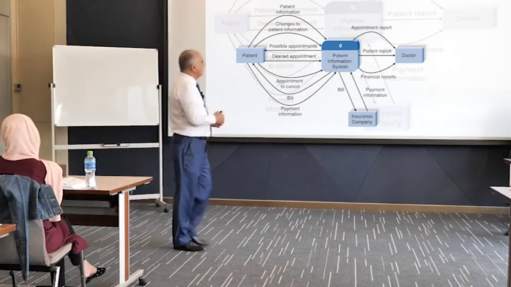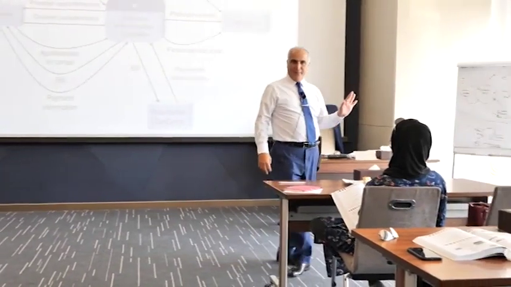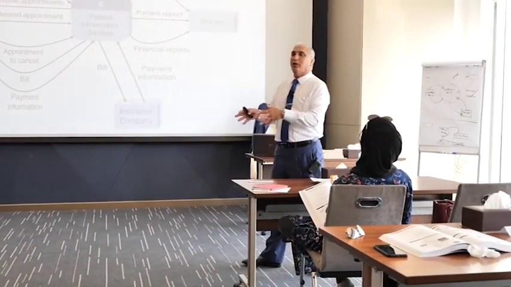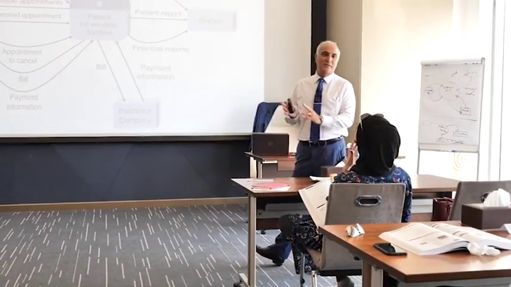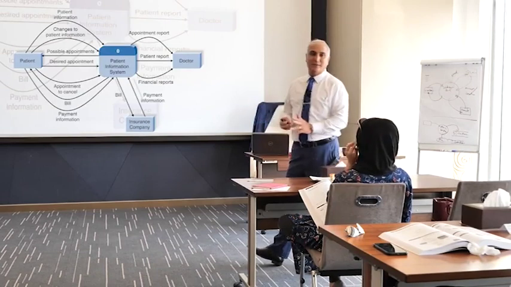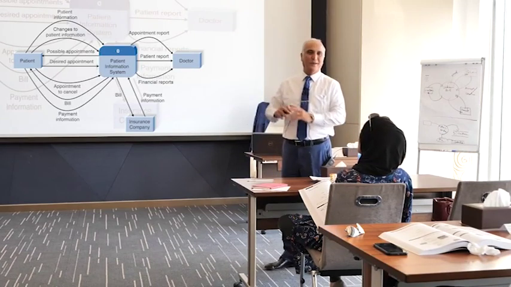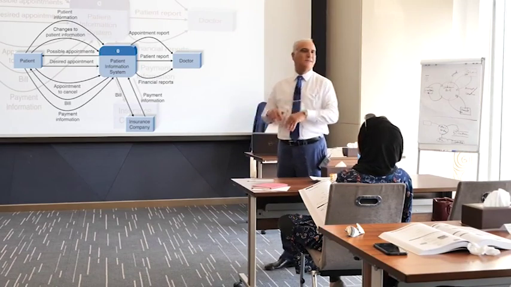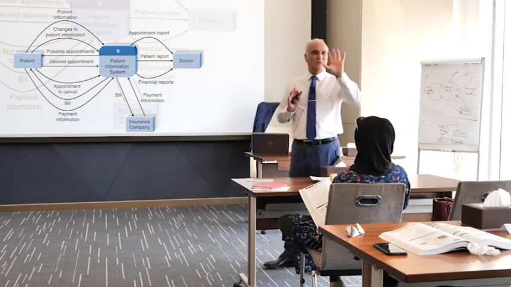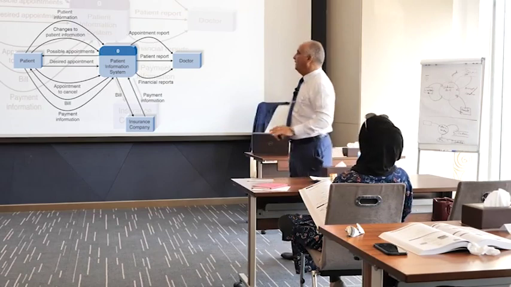This is a patient information system. Happy? When you go to the hospital, there is a system called patient registration. Well, you could replace this with a banking information system, and a library information system is the same. So this is the name of the system. Look at that.